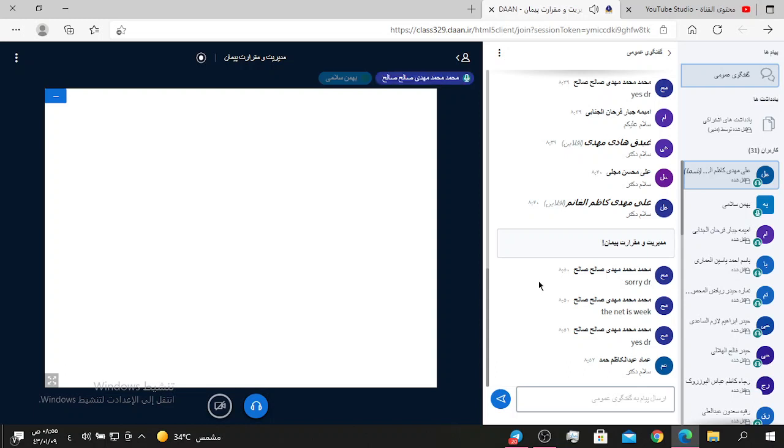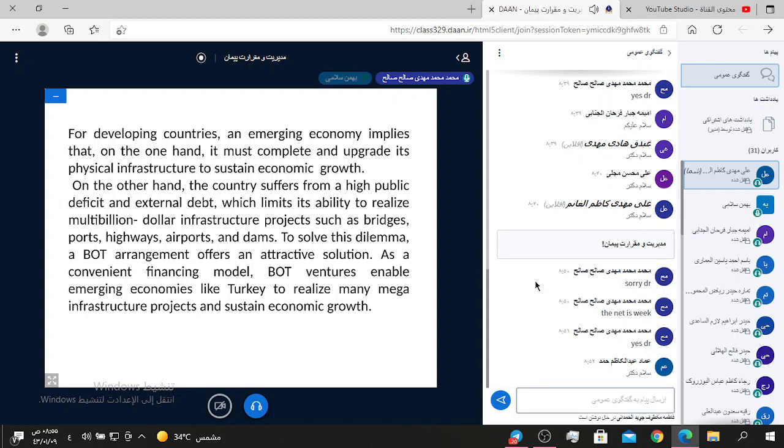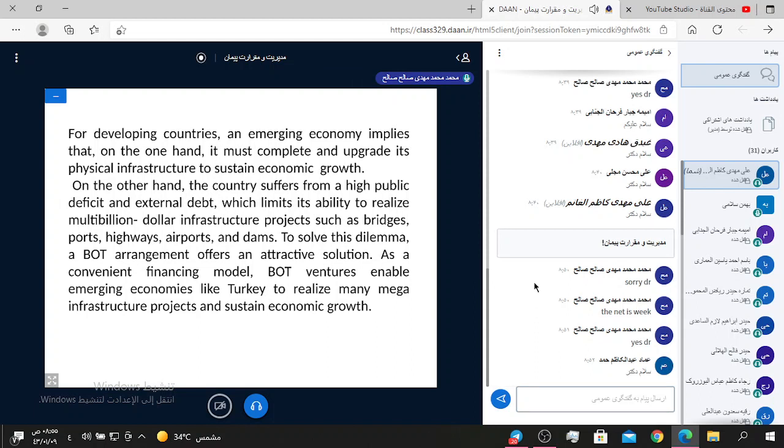For developing countries and emerging economies, this implies that on the one hand they must complete and develop their physical infrastructure to sustain economic growth. On the other hand, the country suffers from a high public deficit and external debt, which limits its ability to release multi-billion dollar infrastructure projects such as bridges, ports, highways, airports, and dams.